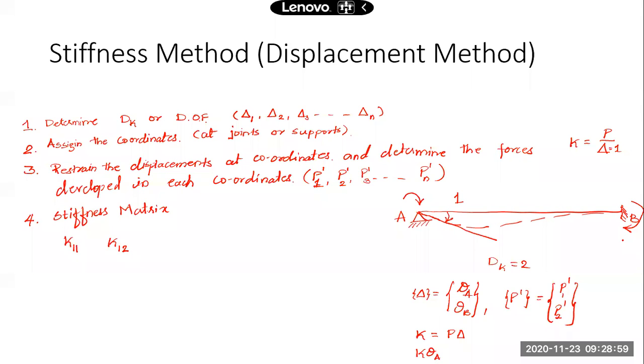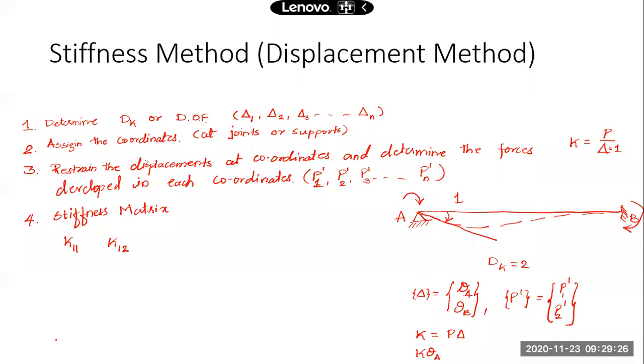If I find the force in the second coordinate when unit displacement is given in the first coordinate, it will give us one more element of the stiffness matrix, K12. K12 is the force in the second coordinate due to unit displacement in the first coordinate.